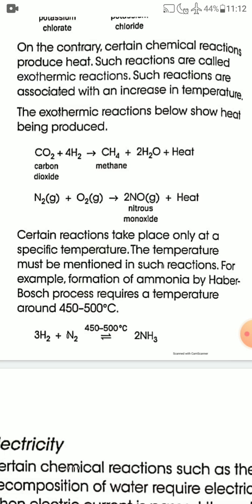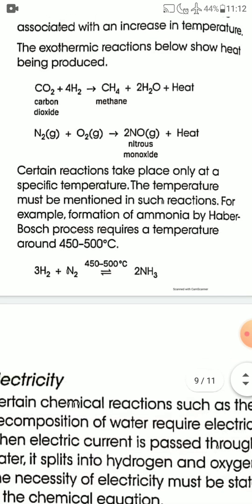For example, the reaction of carbon dioxide with hydrogen gas to give methane and water is an exothermic reaction. So the chemical equation is CO2 plus 4H2 arrow CH4, that is methane, plus 2H2O, water, plus heat. That means here heat is released.